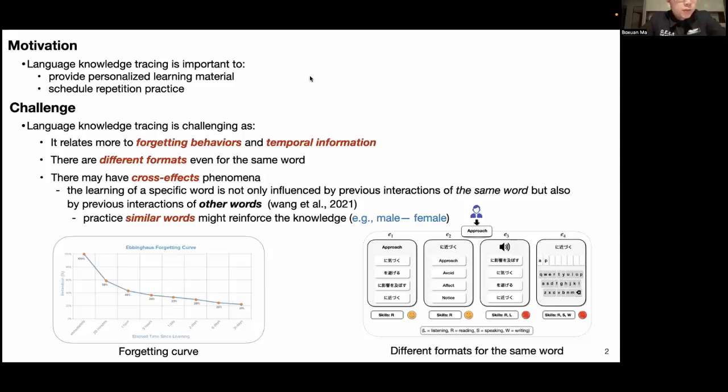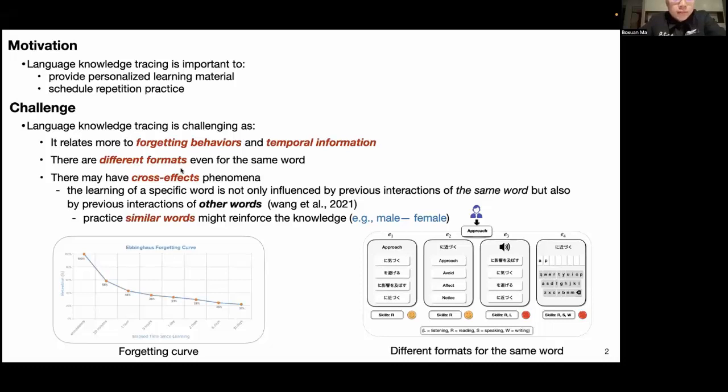Language knowledge tracing is important to provide personalized practice contents for each learner and help to schedule repetition practice. However, predicting learners' language knowledge is more difficult because it's related to their forgetting behaviors and temporal information.